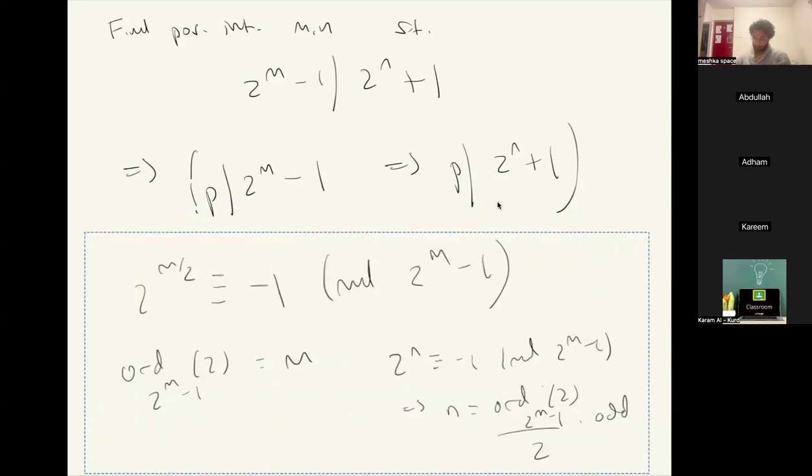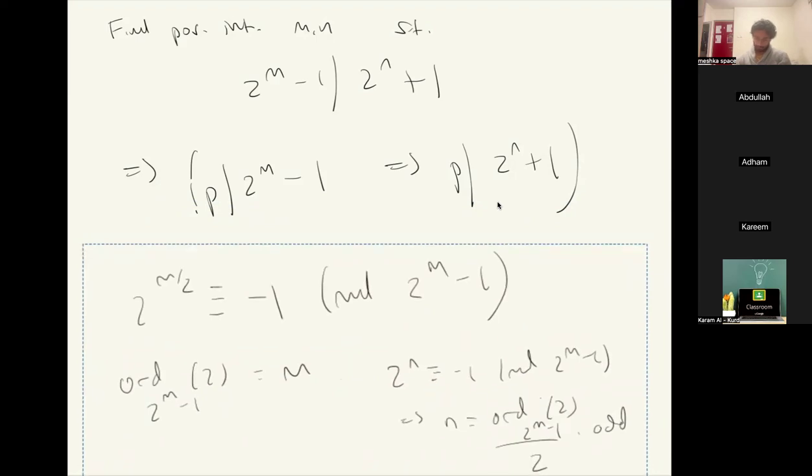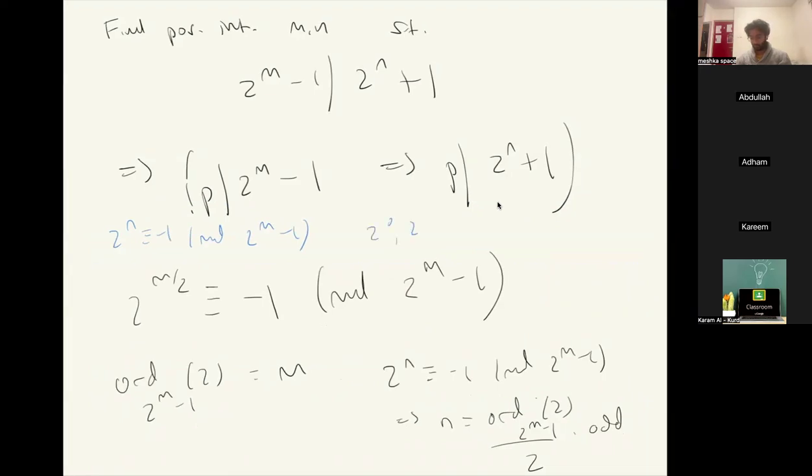We have that 2 to the n is congruent to -1 mod 2 to the m minus 1. So there's a solution, right? And we also know the order of 2 is m. So the solution will be one of these.